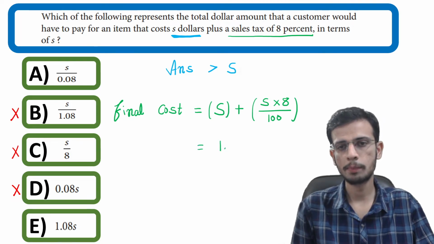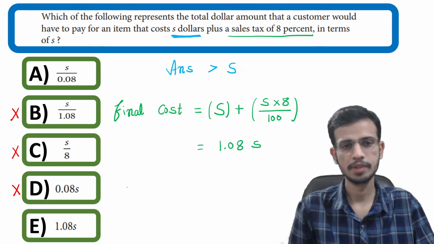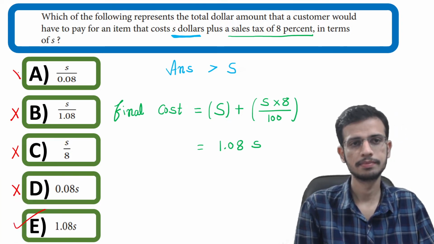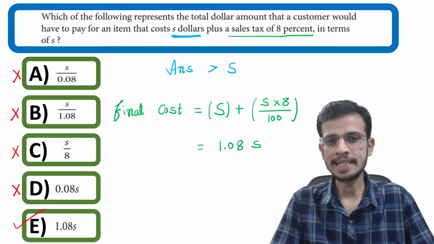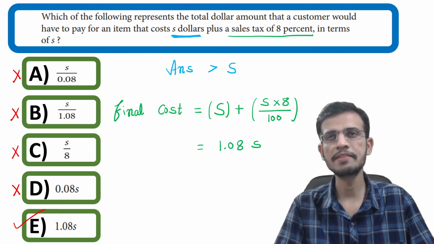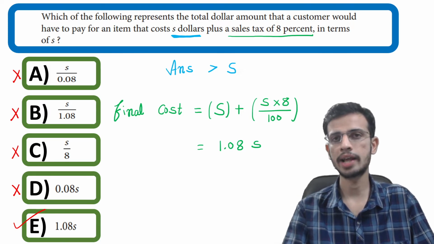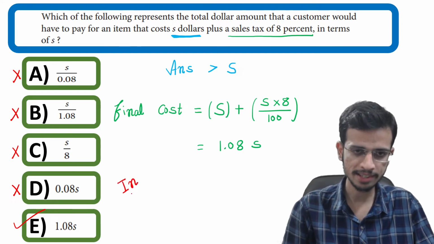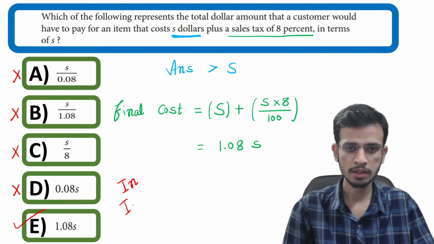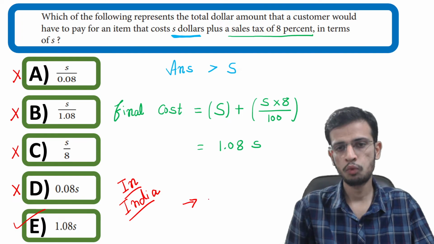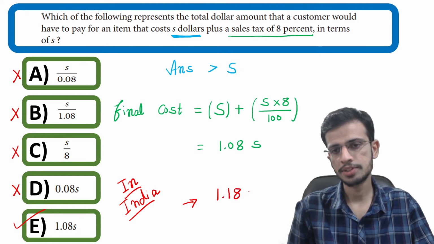So we are going to get 1.08 times S, and option E is the correct answer. If GST is 18%, then we have to pay 1.18 times S. In India, we purchase some products that lie under the 18% GST category, so we'll say 1.18 times S, right?